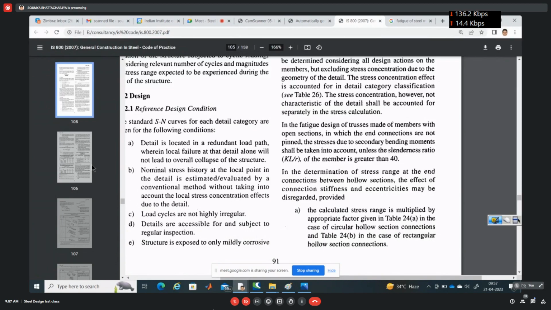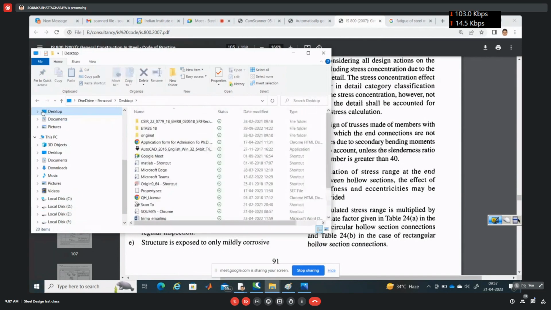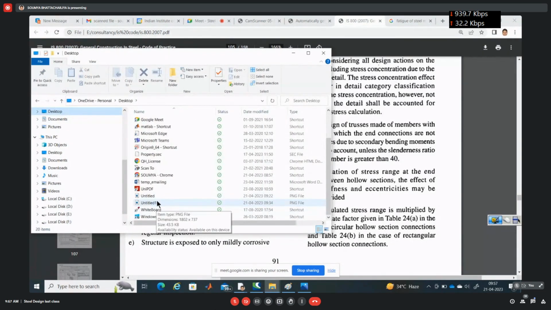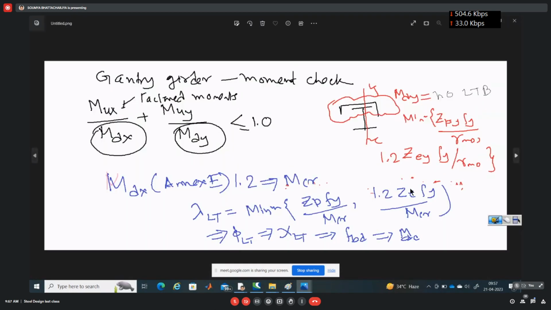What I wanted to mention is that later on I have deleted it because I do not require to obtain ZPY by multiplying something. Why? Because I am calculating ZP of this flange part only, right?